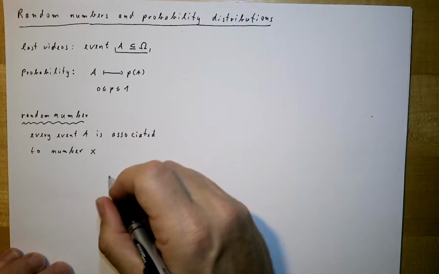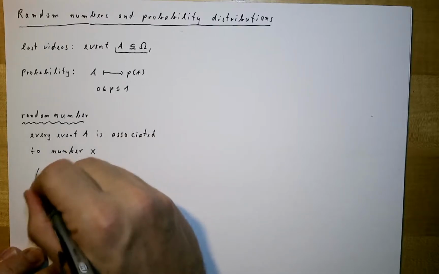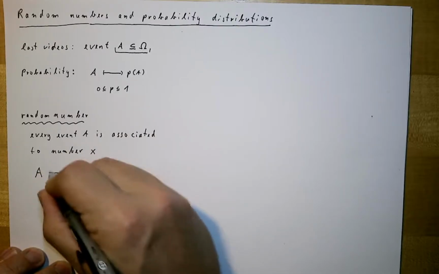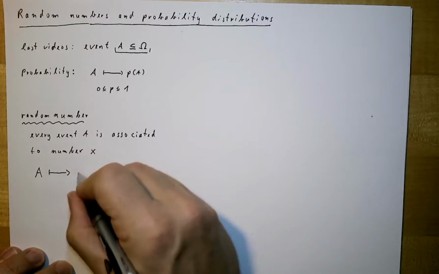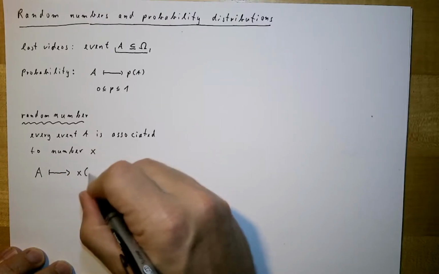So we have a mapping, so that every event A is mapped to the random number x of A.